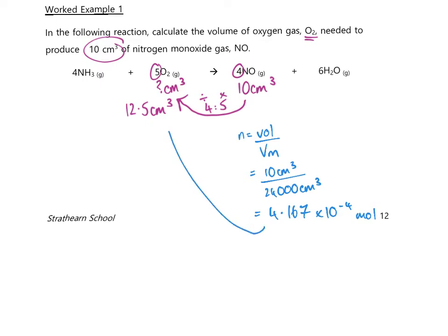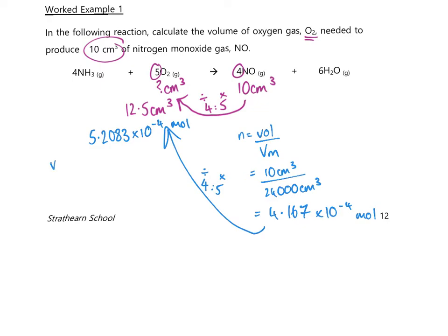That's number of moles, so then I can bring that anywhere in the equation. Again, I would need to consider my ratio, which is 4 to 5. So again, dividing by 4, times by 5. That would give us 5.2083 recurring times 10 to the minus 4 moles of our oxygen gas.